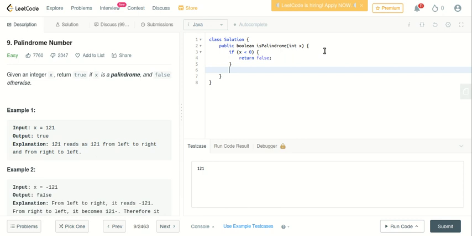Okay, so other thing we would keep is, let's preserve this number x. And let's have another number which is the reverse of this number. Let's initialize that with 0.